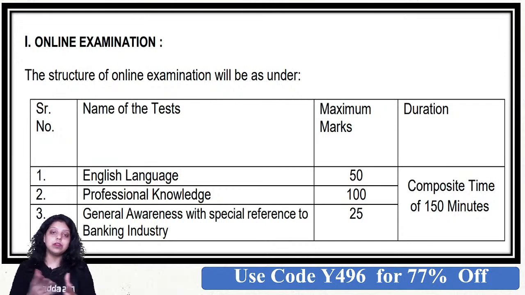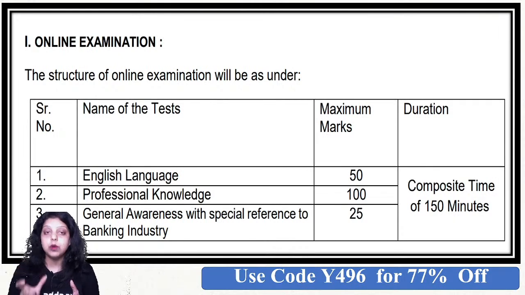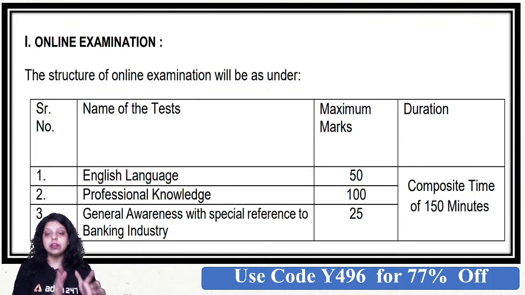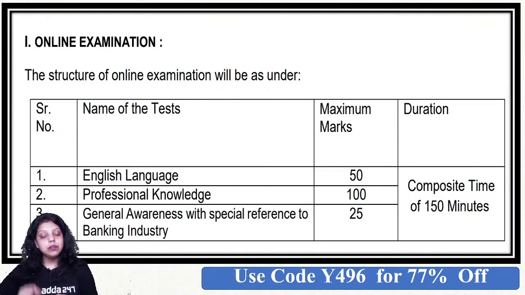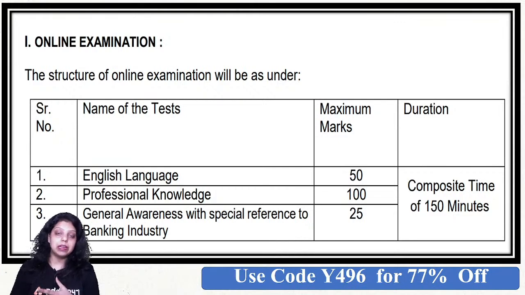In these types of exams, professional knowledge plays a very important role. Professional knowledge is of 100 marks, and then we have general awareness with special reference to the banking industry. It means we have to cover banking awareness, financial awareness, and all the banking terminologies. This general awareness will be of 25 marks, and you will get 150 minutes to complete this exam.